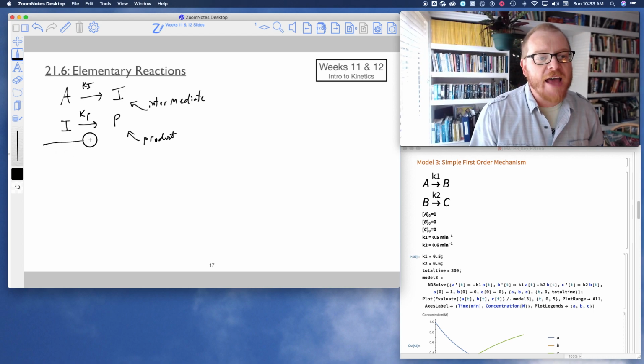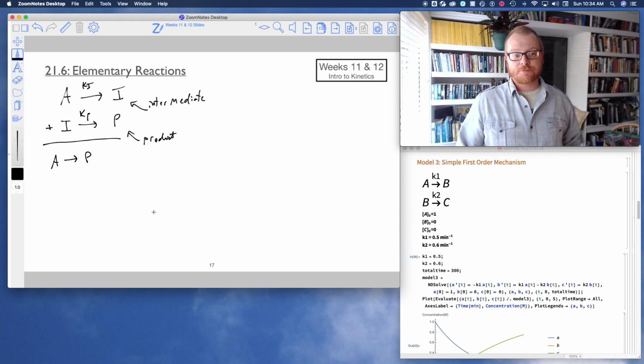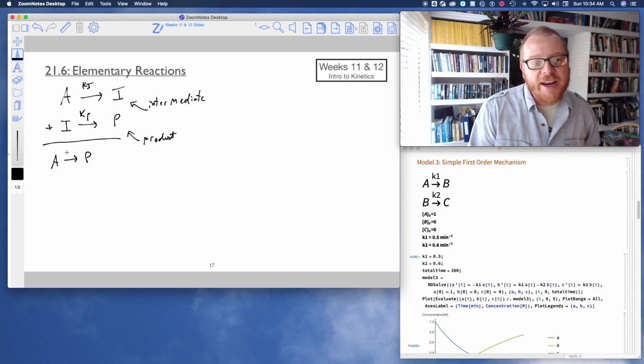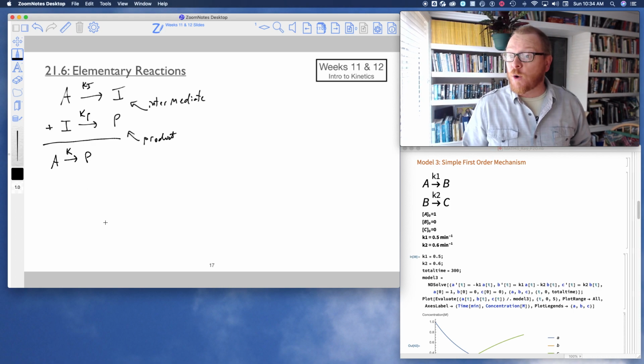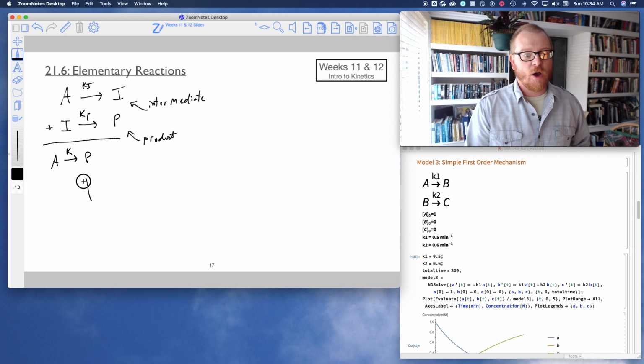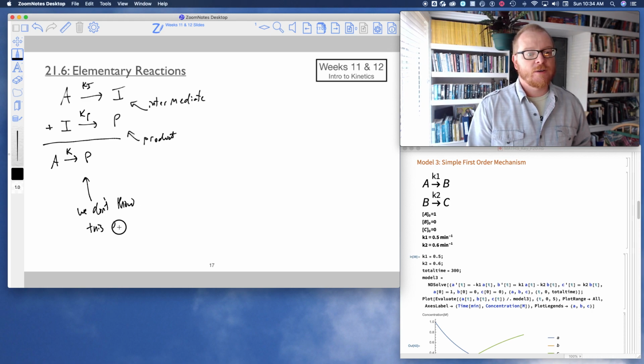So now if we were to add up these two reactions, it just looks like A goes to products at rate constant K, but we have no idea what the order is. So we don't know this reaction order.